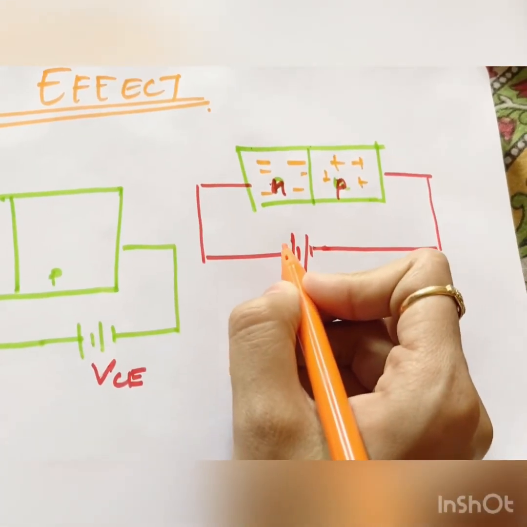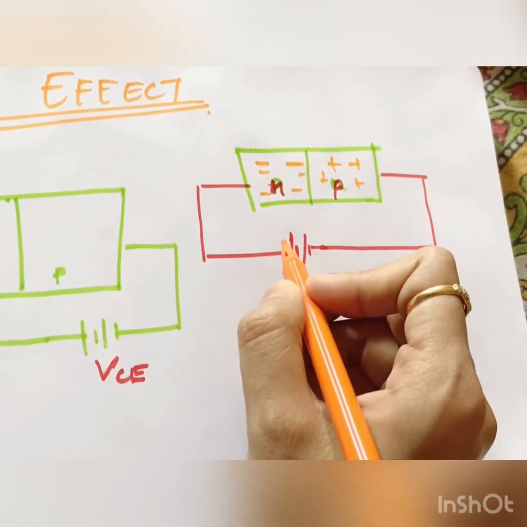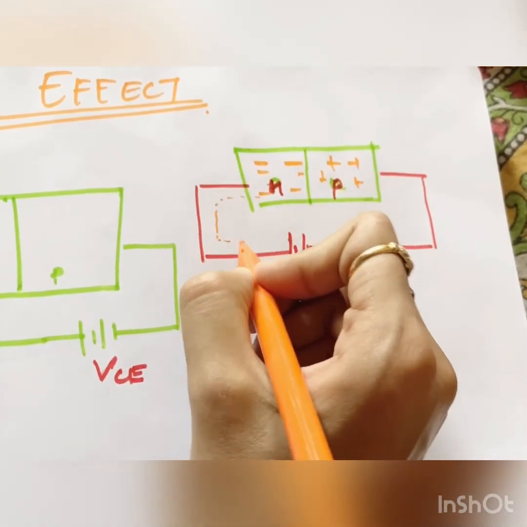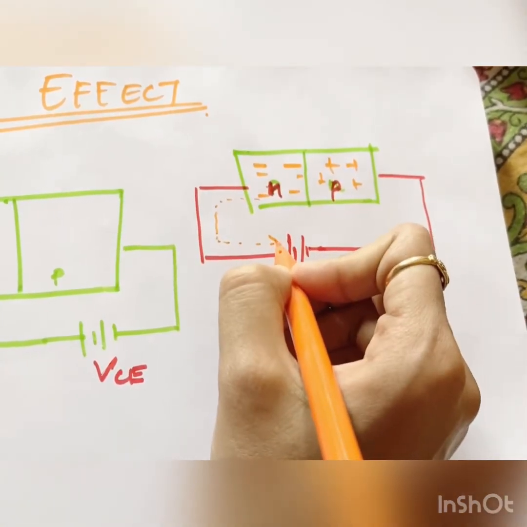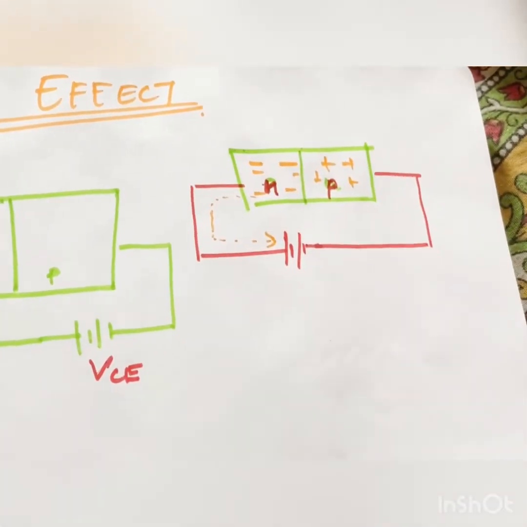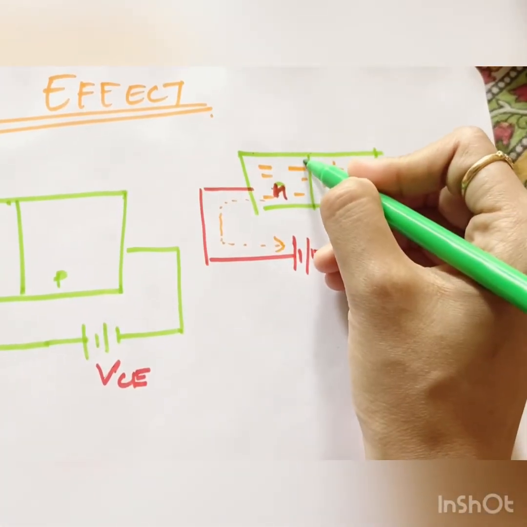This is a positive terminal. Here we have a negative terminal, meaning electrons. So this positive terminal will try to attract the electrons. Here we already have a depletion region.